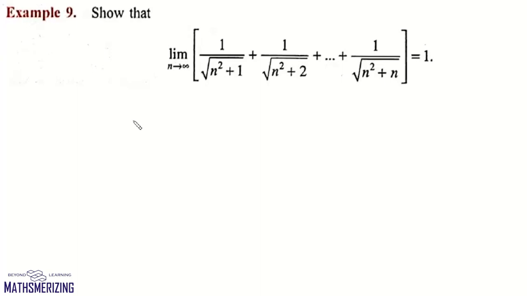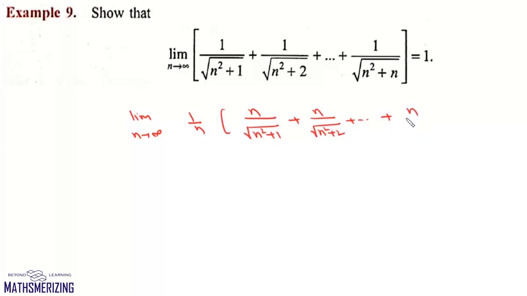So what we'll do is write this as limit n tends to infinity of 1 by n times [n upon under root of n square plus 1, plus n upon under root of n square plus 2, up to n upon under root of n square plus n].